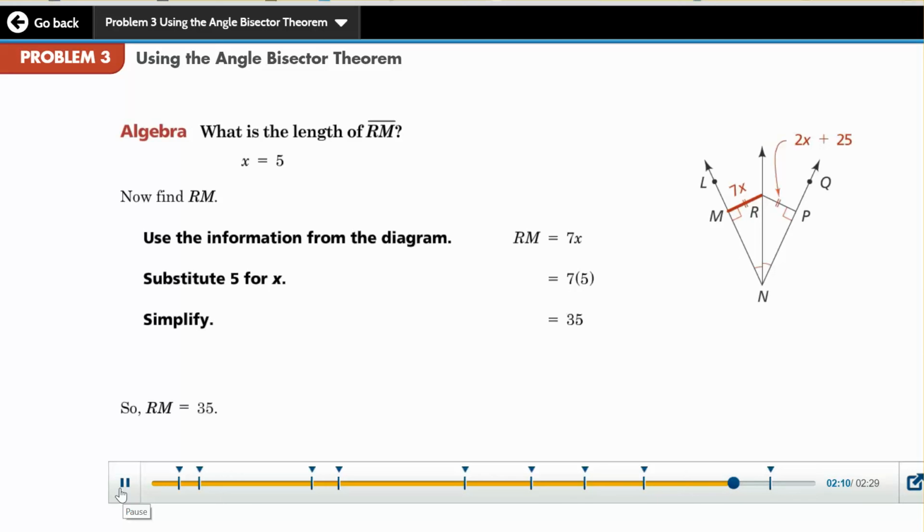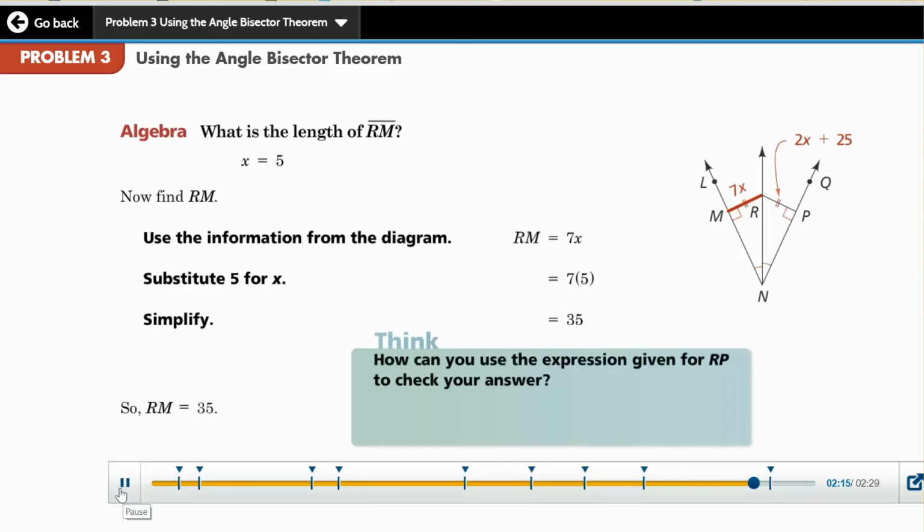So, the length of segment RM equals 35. How can you use the expression given for the length of segment RP to check your answer? Substitute 5 for x in the expression 2 times x plus 25 and verify that the result is 35.